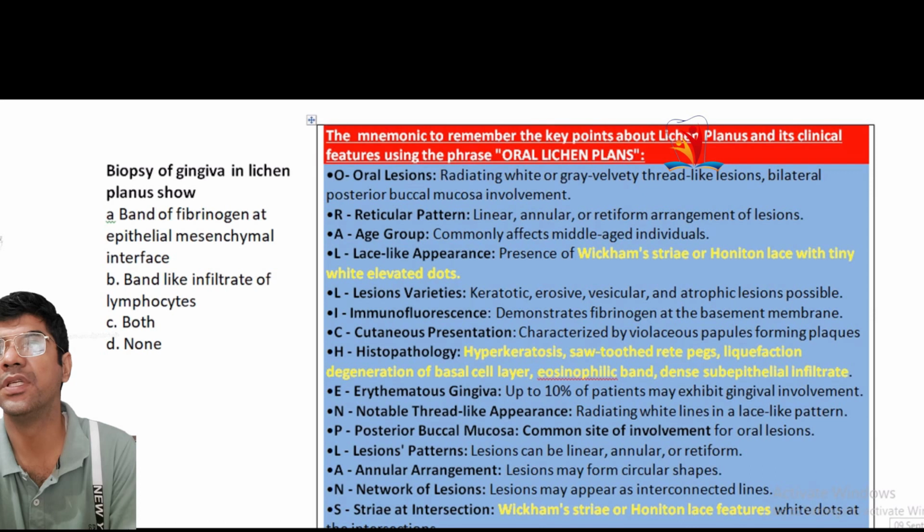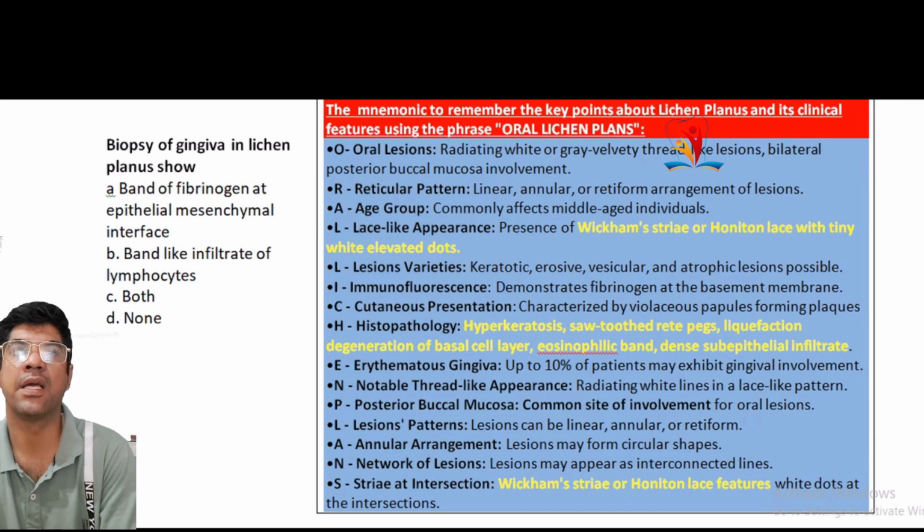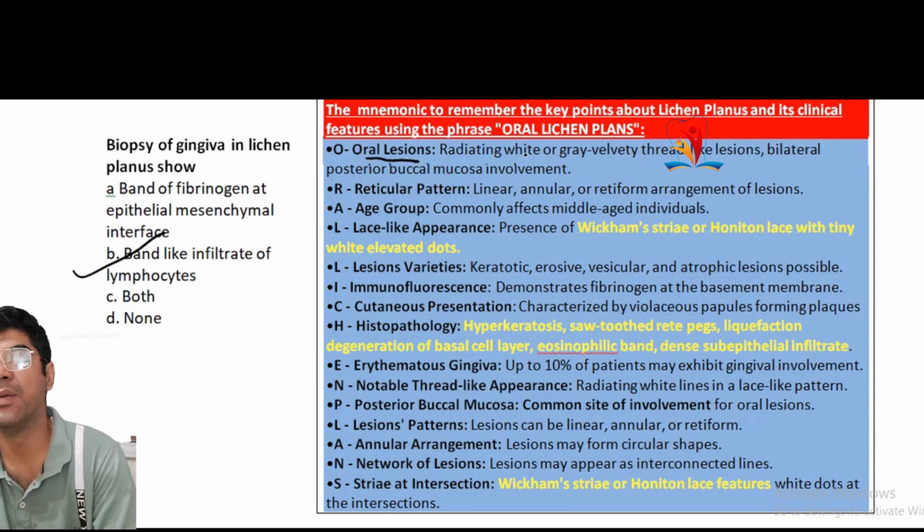Moving to the next question. Biopsy of gingiva in lichen planus will show band-like infiltrate of lymphocytes. We have discussed them already. So remember the mnemonic, the important thing is the mnemonic. The mnemonic is oral lichen planus.